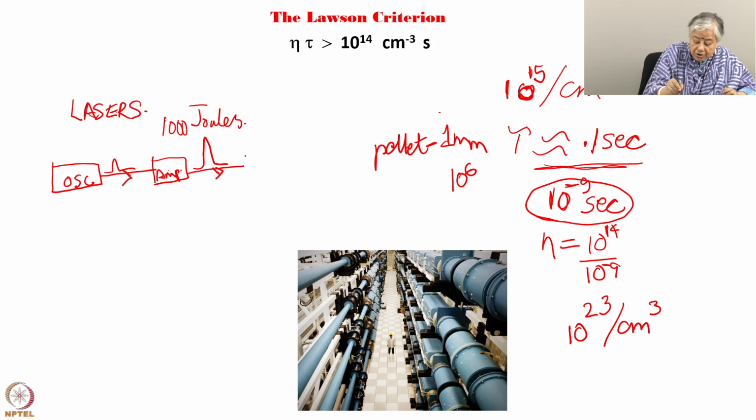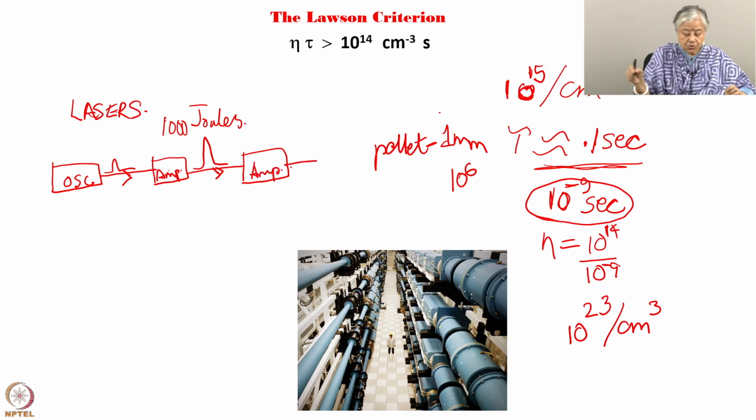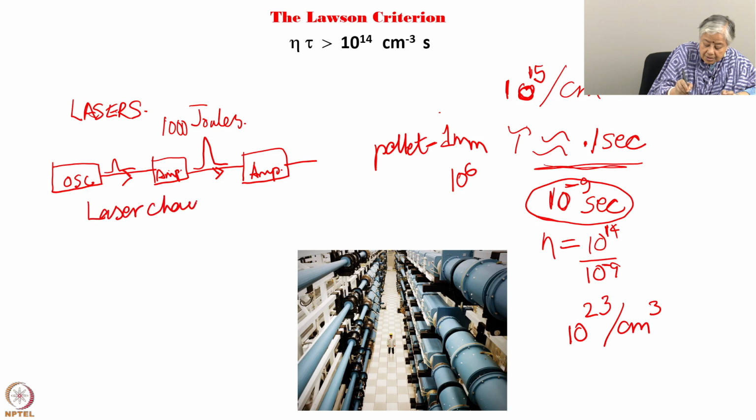Again, this much energy is not enough. It has to go into another amplifier which is larger than this, so that it can extract energy, and so it goes on. So, these are called laser chains. Master oscillator power amplifier.